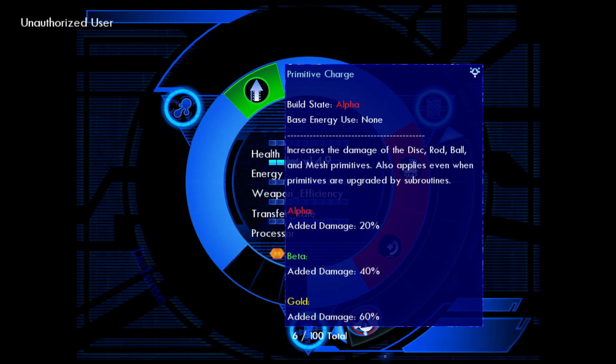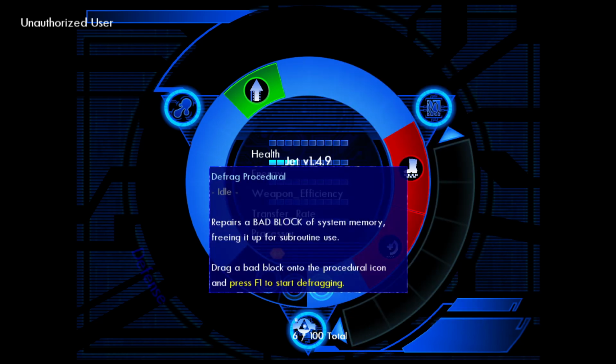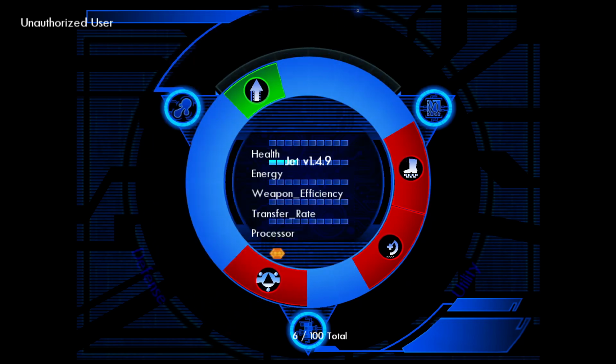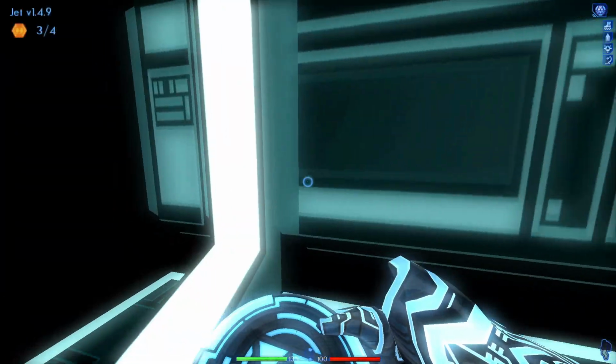We will get it later on, and we would lose it as the story continues, so there's no point in picking it up. At least to me, it's not even as good as the disc. It adds damage to our attacks by 20, 40, and 60% to all these primitives, and it also applies when primitives are upgraded by subroutines. So basically, you can read this as plus 20, 40, and 60% weapon damage as it rises through the ranks. And that is very much welcome.